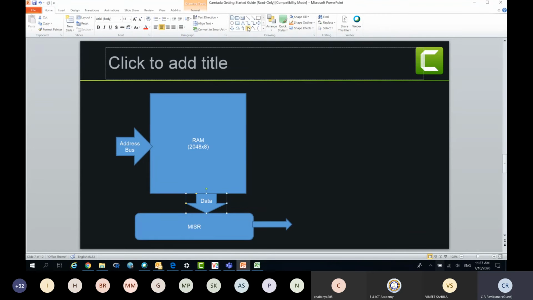And here is your control bus. Maybe read, write. So any one of them, anywhere the error could occur. The address bus may have a problem. The address decoding which is happening inside may have a problem. Or the read signal could be stuck at 1, so instead of writing, it's always reading. Or the write is stuck at some value, something like that.